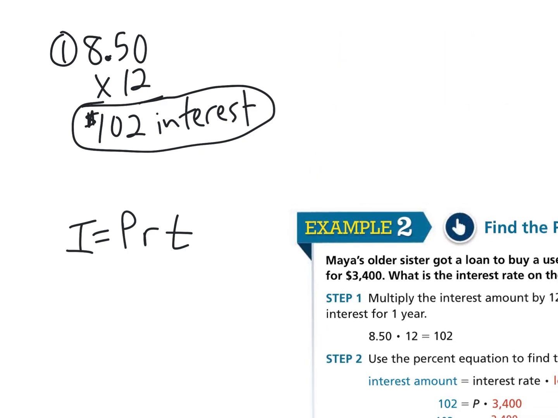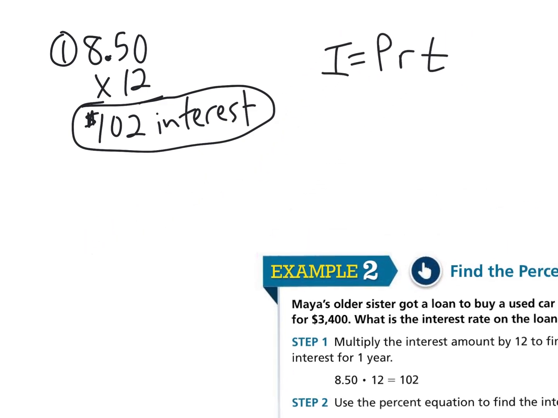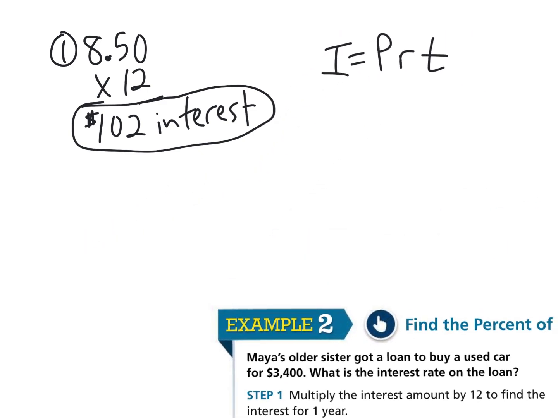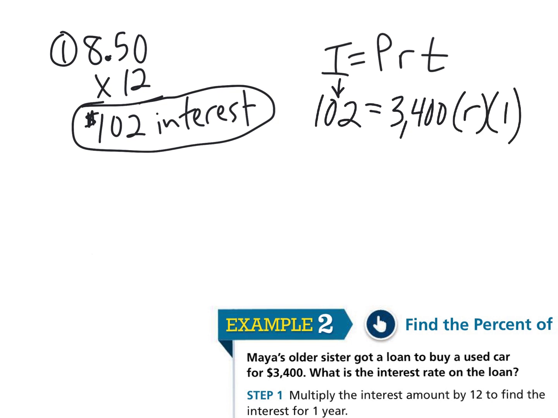Okay, so $102 in interest. And then we can substitute that into the equation. That goes in place of I because that's the interest. The principal, which is in this case the amount that she's borrowing, is $3,400. The interest rate is what we're trying to find, and then we're going to assume that the time is 1 year.